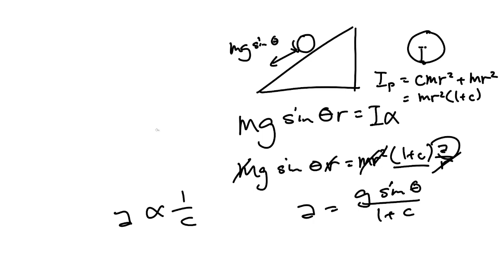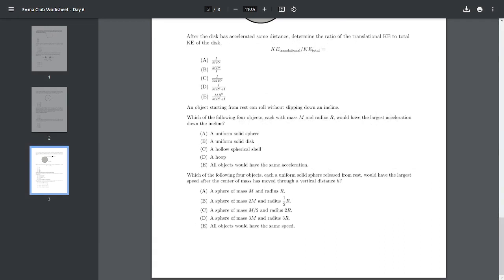And so that means that the object with the largest acceleration down the incline is going to be the object that has the smallest moment of inertia, right? And if we look back, we can see solid sphere, moment of inertia is 2 over 5 m r squared. Solid disk, I'm pretty sure that's 1 over 2 m r squared. Hollow spherical shell, that's 2 over 3.